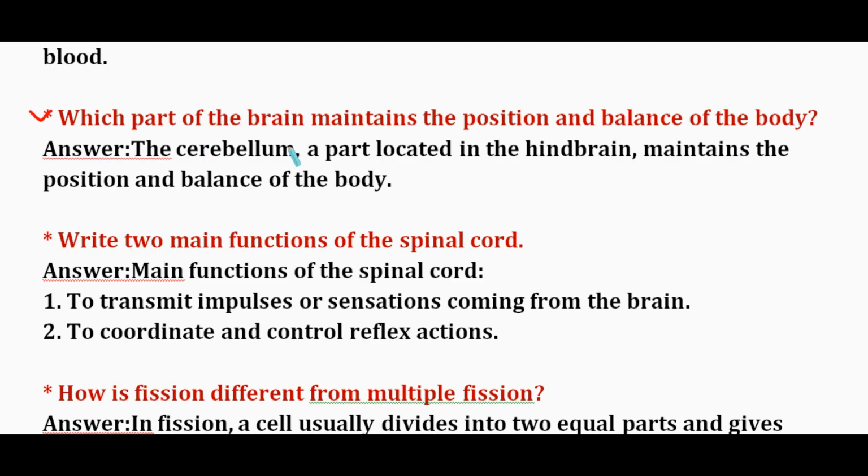The cerebellum, a part located in the hindbrain, maintains the position and balance of the body. Write two main functions of the spinal cord. The two main functions of the spinal cord are to transmit impulses or sensations coming from the brain, and to coordinate and control reflex actions.